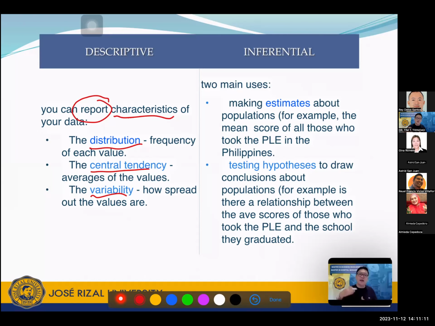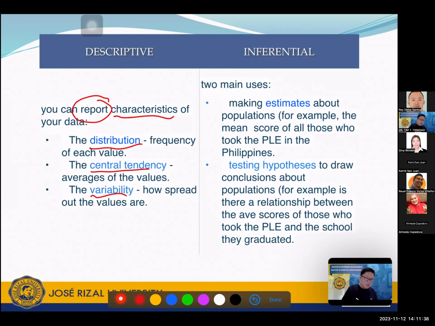So you will describe your data in terms of this and the different measures of central tendency. So you talk about the mean, the median, and the mode. And the third one is the variability. So variances, like for example, the standard deviation or differences, yung mga outliers, yung mga kakaibang scores. This is how you describe all this information. This is the language of your descriptive statistics.